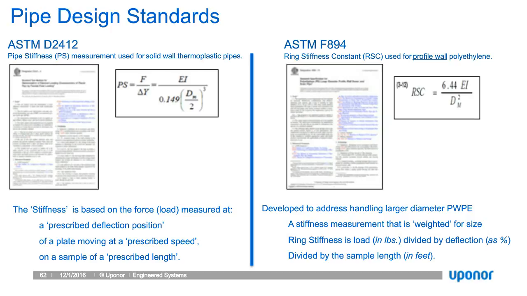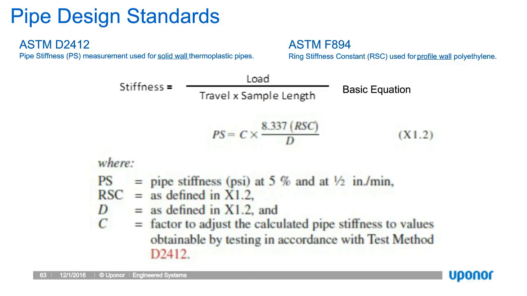Slight nuances or differences between the two, but we should be familiar that the two are different. And as one might expect, the two, pipe stiffness, PS, and ring stiffness constant, RSC, can be related. And the basic equation, as you can see there, is equation X1.2, which basically relates a load over a travel times a sample length. As you can see, there's the basic equation.